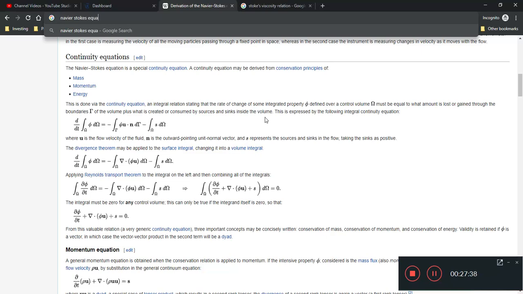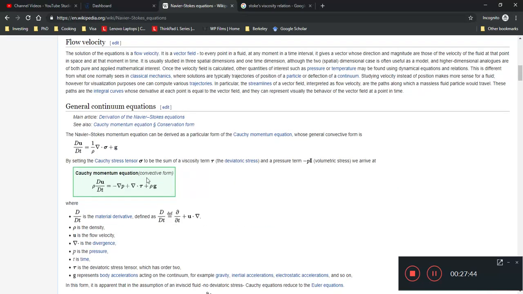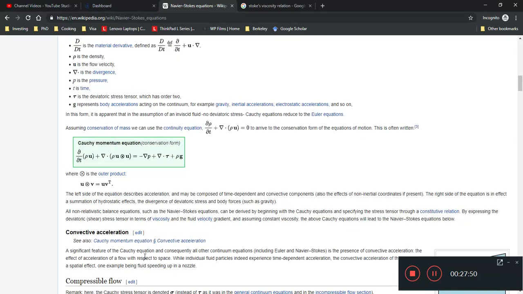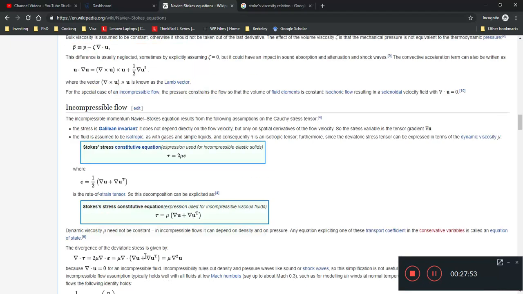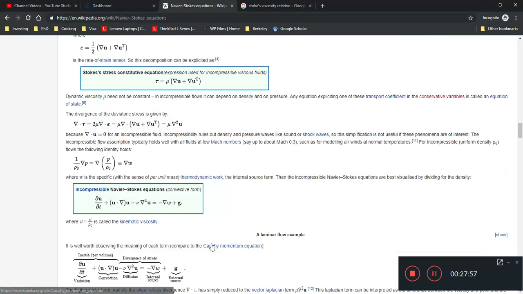Can't remember exactly how to write it. But this is what it would look like. So these are the derivations. We have gone through them before. Oh yeah, incompressible Navier-Stokes equation.